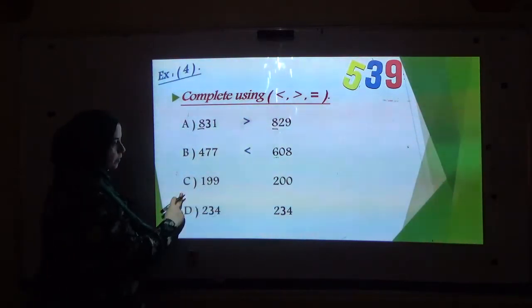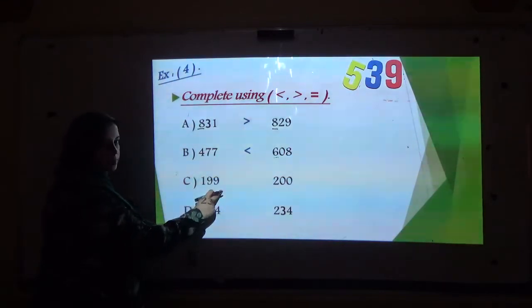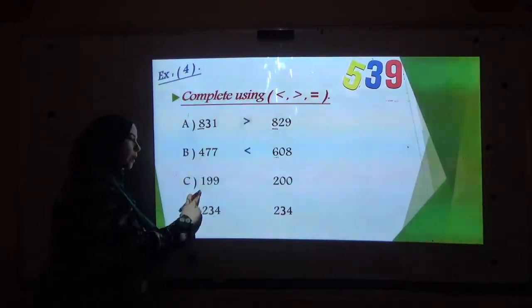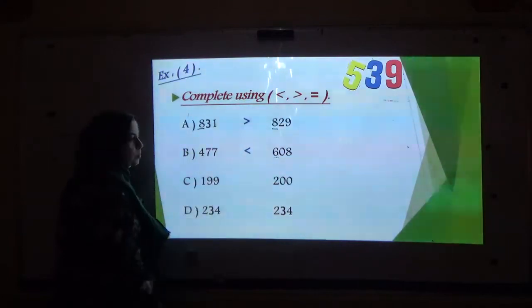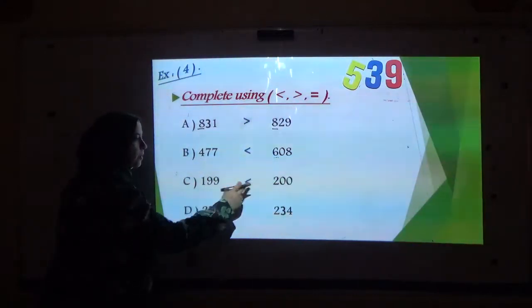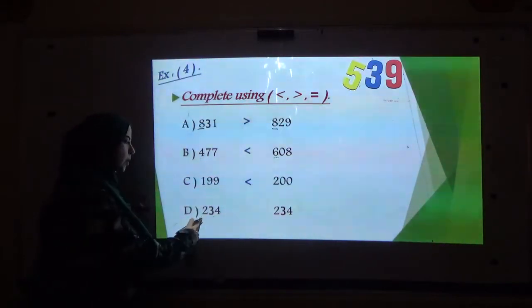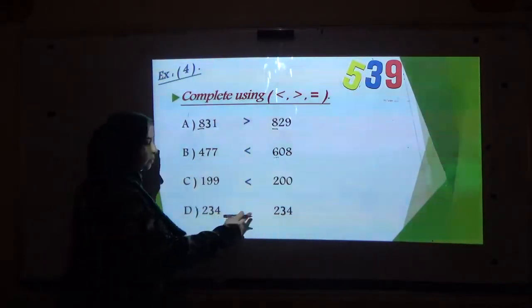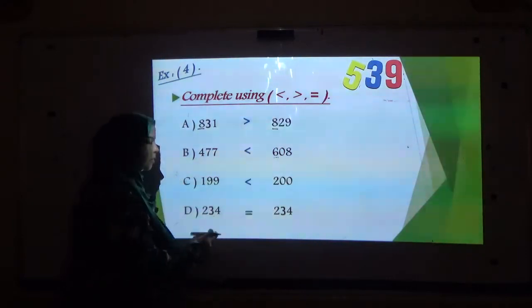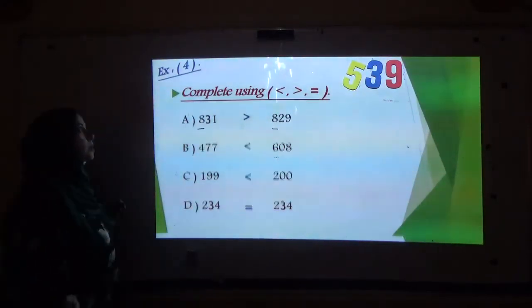Letter C, 199 and 200. 200 is bigger than 199. Then 234 and 234, equal, two equal numbers.